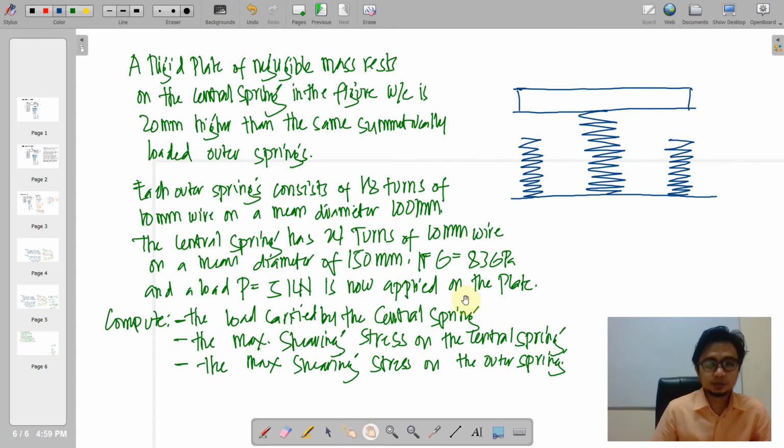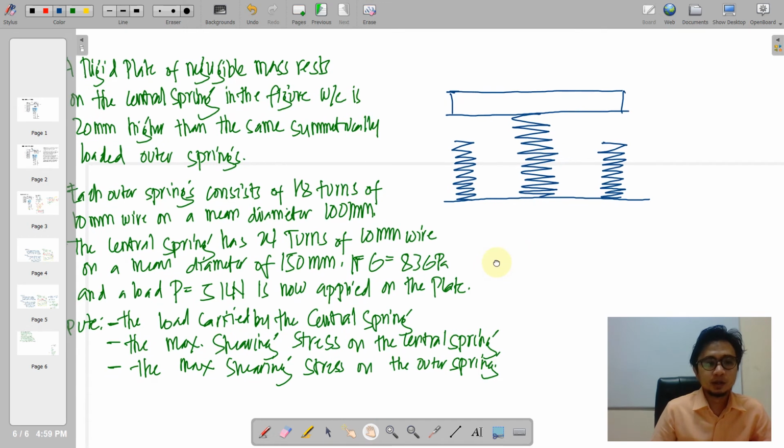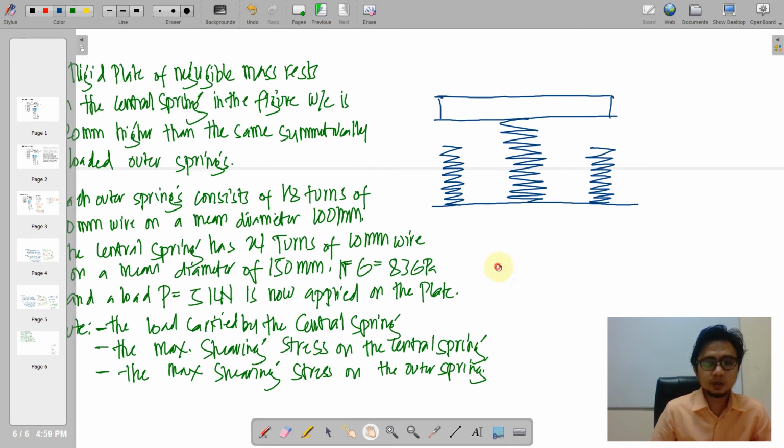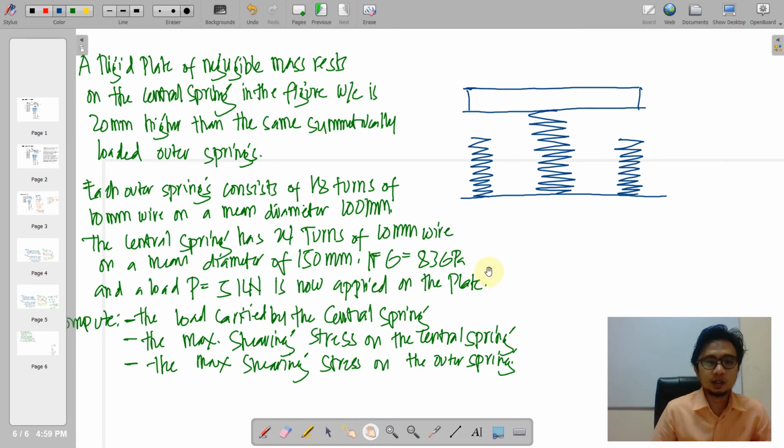Of course, the approach actually is similar to problems of thermal stress, axial deformation, torsional stress, because the concept here is just to utilize the free body diagram and then work with the geometry. What can we derive out of the geometry regarding the deformation and the loading?